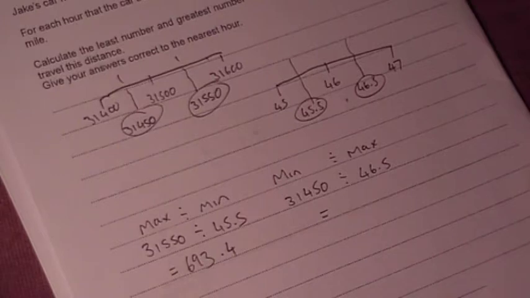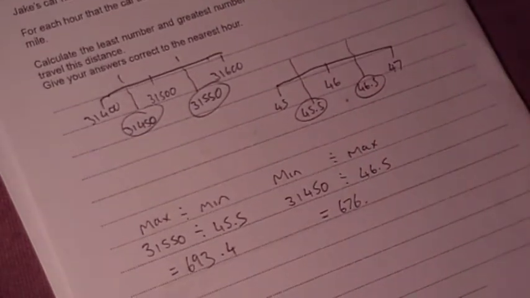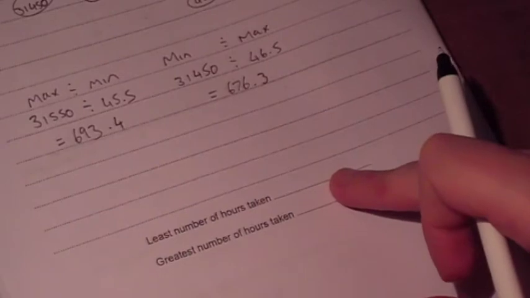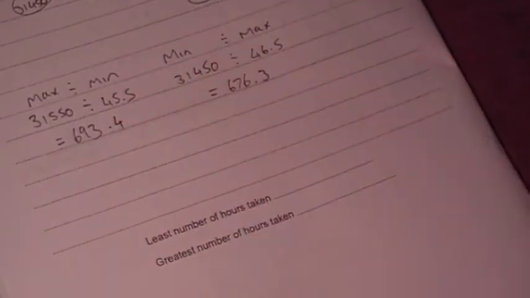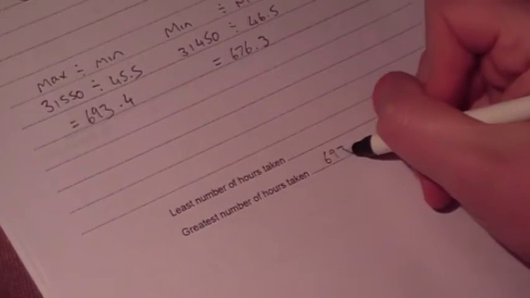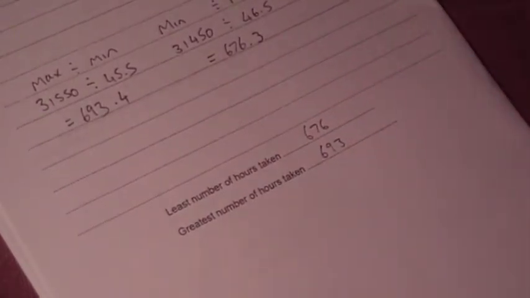And the second one gives me 676.3. And they can be written down in the bottom. The least being 676.3 and the greatest being 693.4. I realise it says correct to the nearest hour here, so 693 is my greatest and 676 is my smallest.